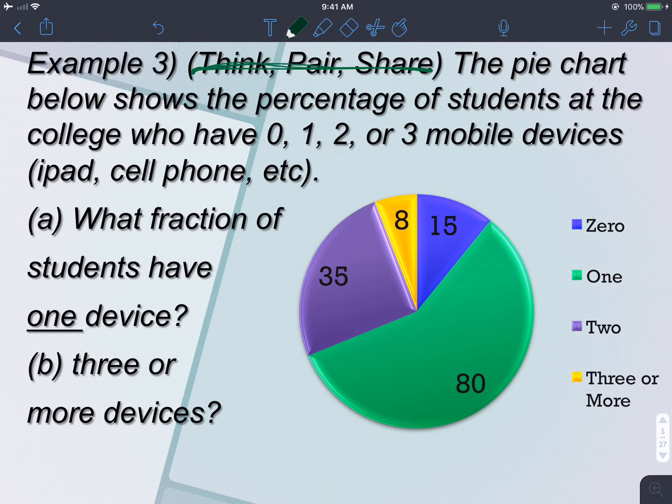We'll just do this together. Take about a minute and read through it.